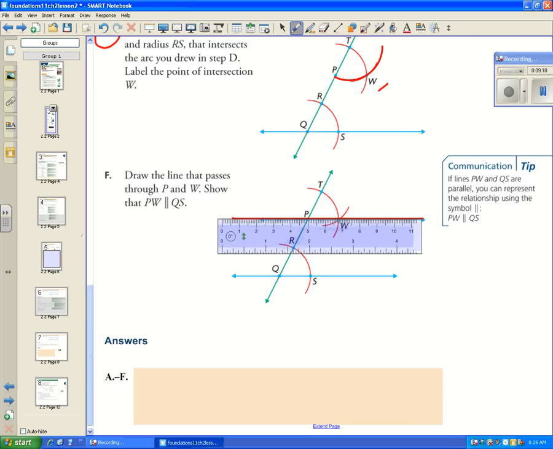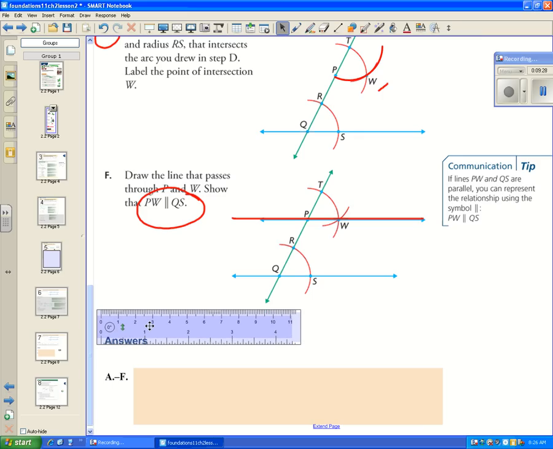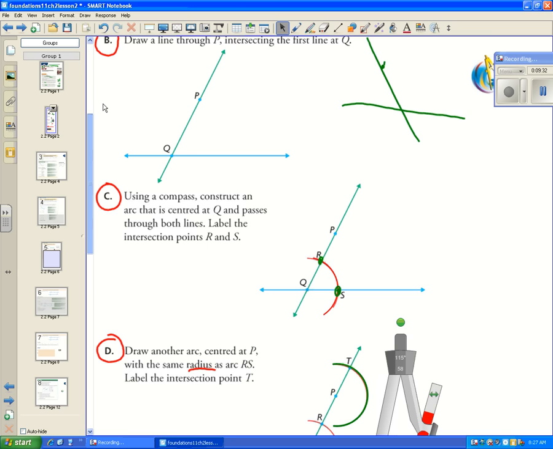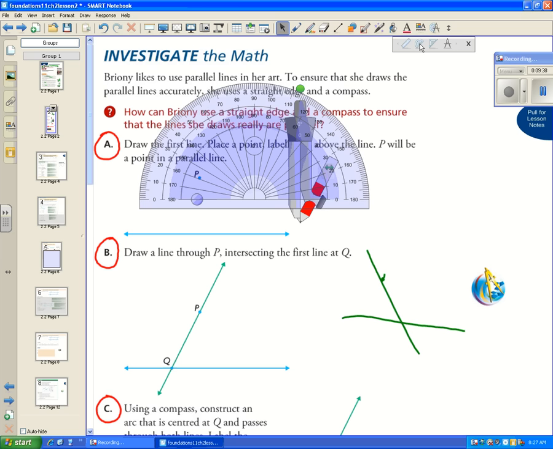But now it says we need to show that PW is parallel to QS. That symbol means parallel. The way we're going to show that is we're going to take a protractor, compass, I always get those words mixed up.